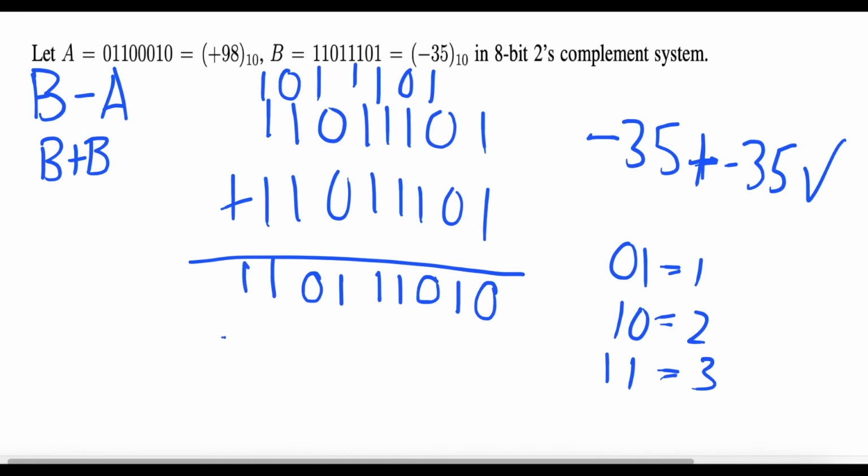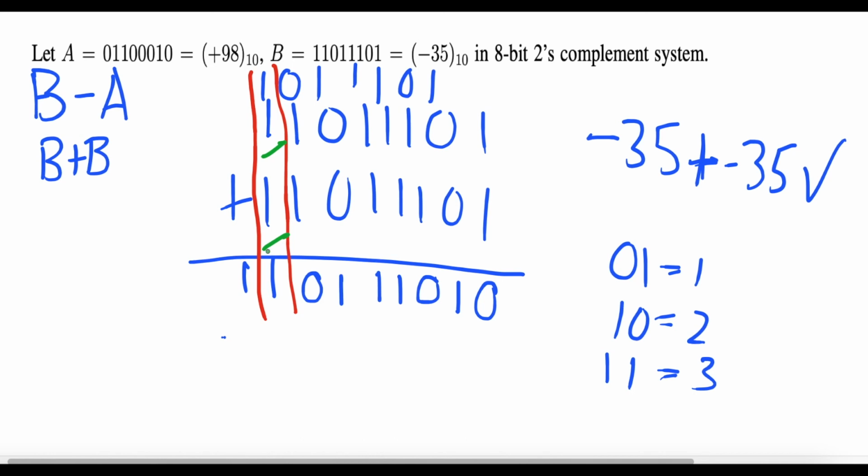Now let's see if there is overflow in this question. Now we're going to single out this column right here. Now we see that the starting number of both numbers being added are both the same. We have a 1 and the 1. So for there to be no overflow present in this equation, the same number 1 has to be leading in the answer under the same column, right?